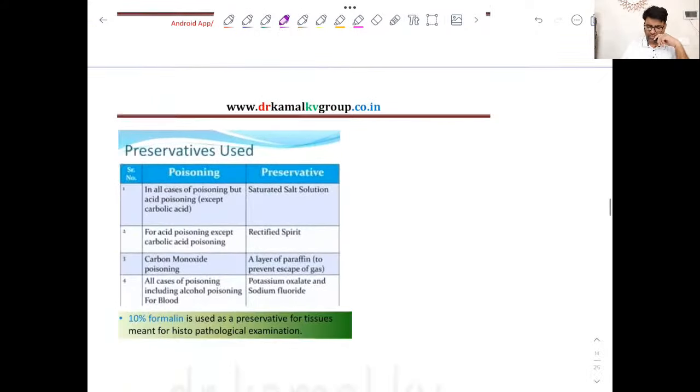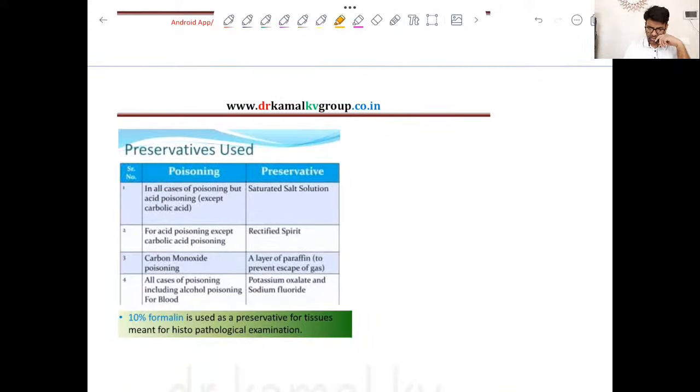The saturated salt solution and then the rectified spirit, right? Rectified spirit is usually for acid poisonings except carbolic acid, and saturated salt solution is for poisonings except the acids, right?